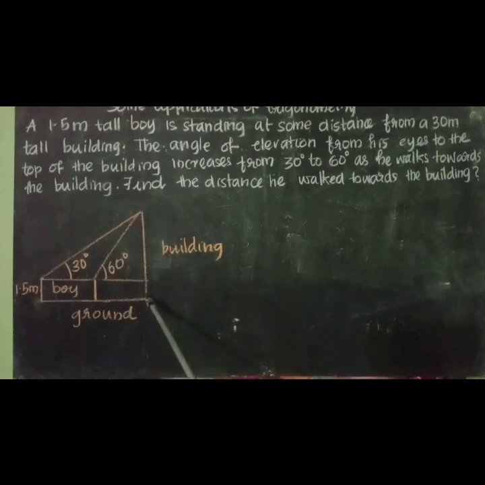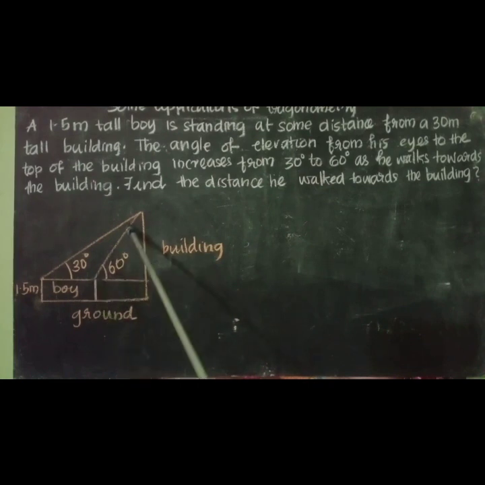This is our building. A boy is here with height 1.5 meter. From this point, he is looking to the top of the building at an angle of elevation of 30 degree. Then the boy is walking towards the building. When he reached here, he again looked to the top of the building.